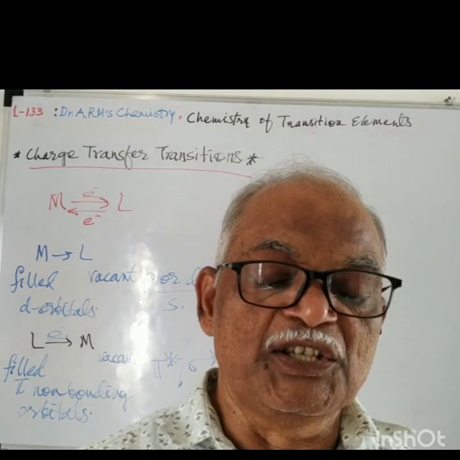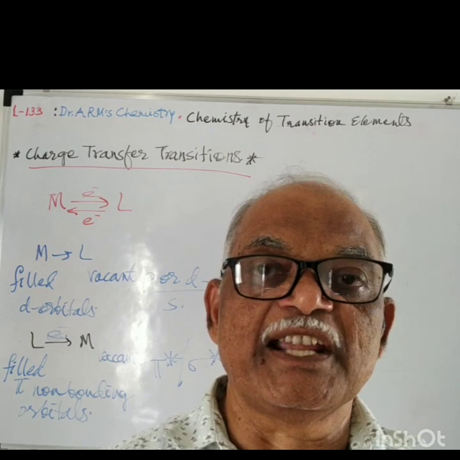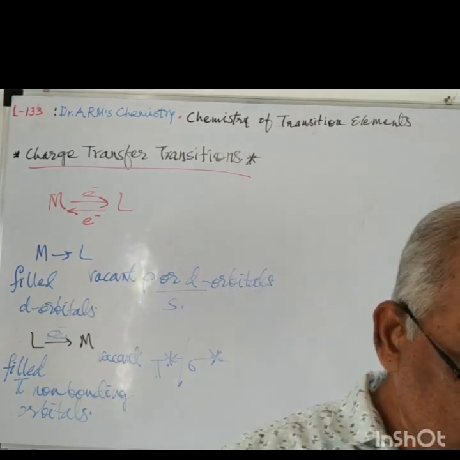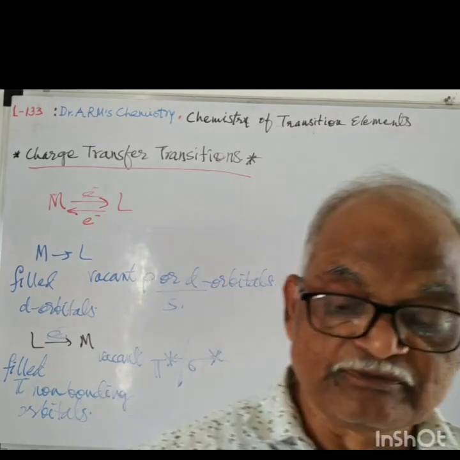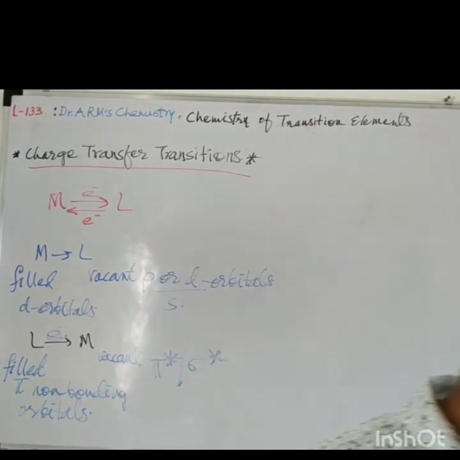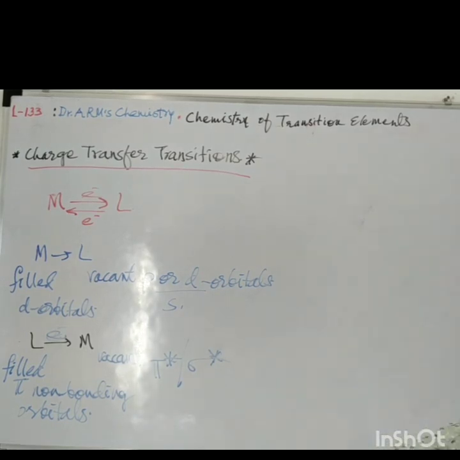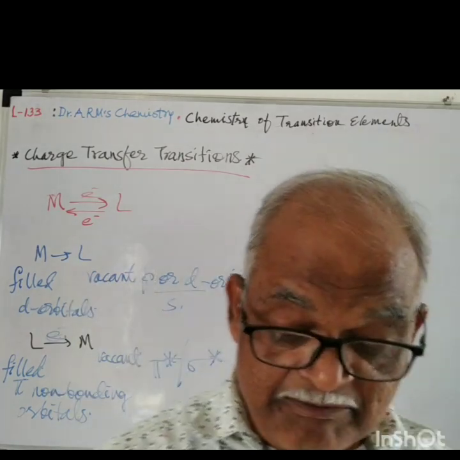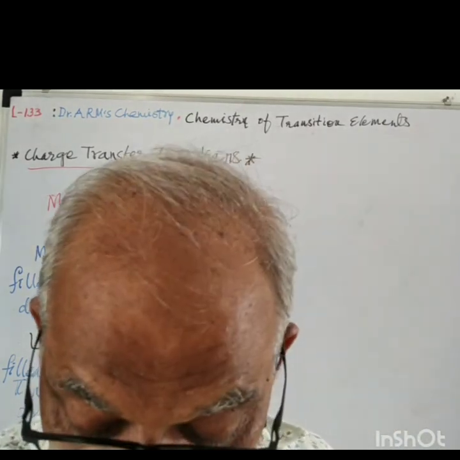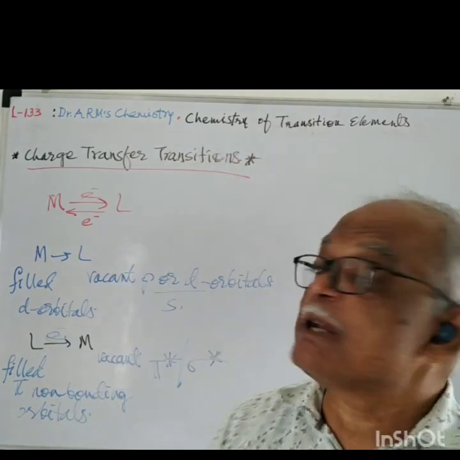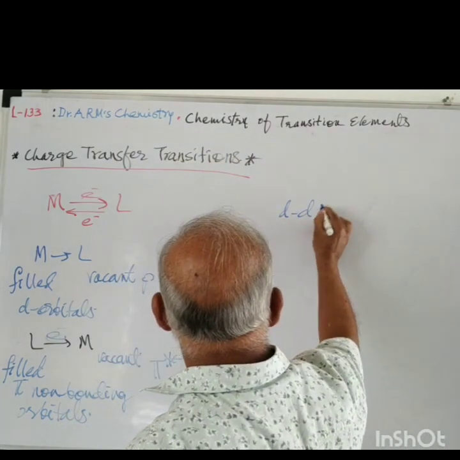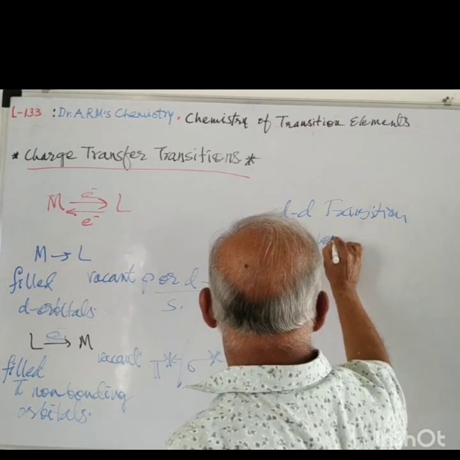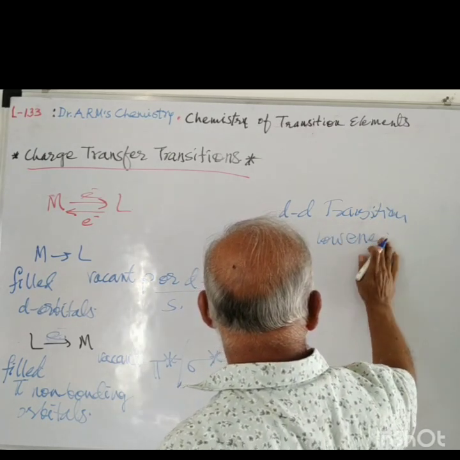As a result of these charge transfer transitions, we find that the amount of energy required for this type of transition is comparatively high, whereas the d-d transitions require low energy.